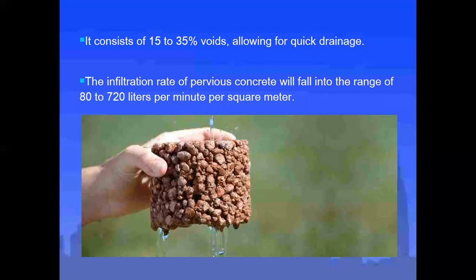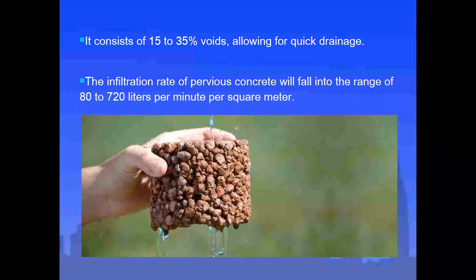This is the minimum range of voids which should be there in pervious concrete. Pervious concrete will work only if the voids are there, if there is space for water. The water requires space to pass through the concrete. It can only happen if the voids are there.